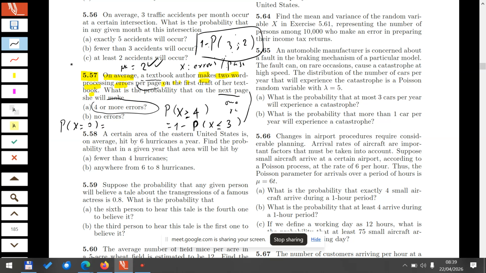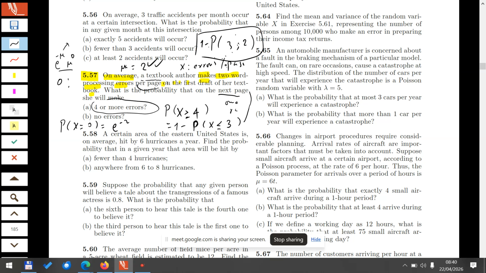Either we use the formula, and the formula was exponential minus mu, mu to x divided by x factorial. So you just write 0 there, right? So x factorial is 0 factorial. This x is 0. So yeah, you just have exponential minus mu. So exponential minus 2. That's one way of doing it.